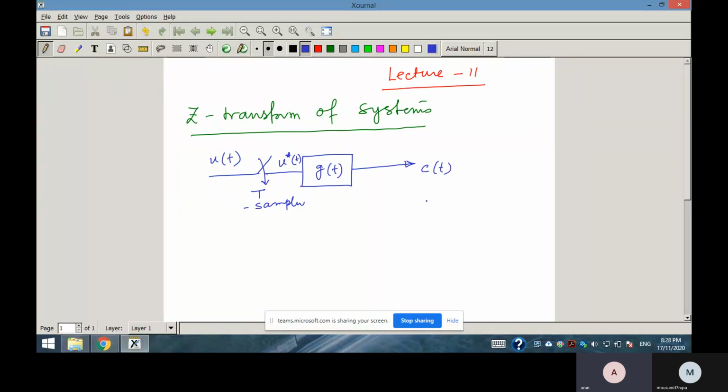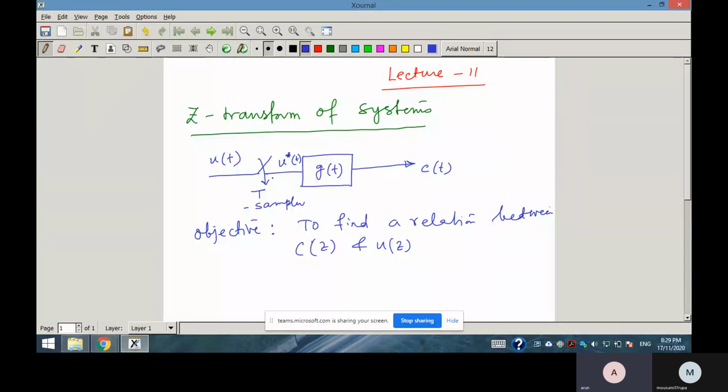So what is the objective? The objective is to find a relation between C(z) and U(z).